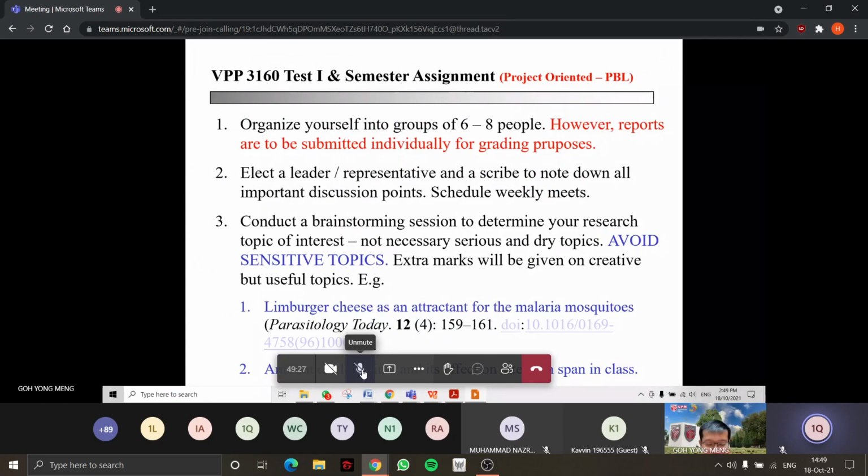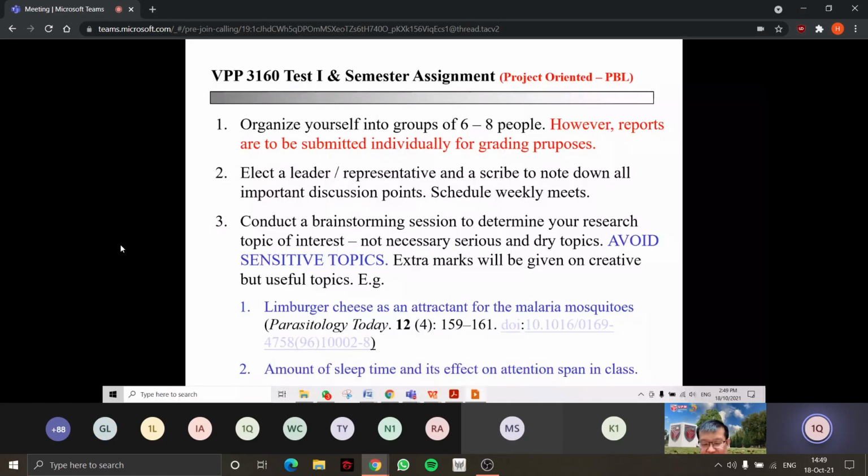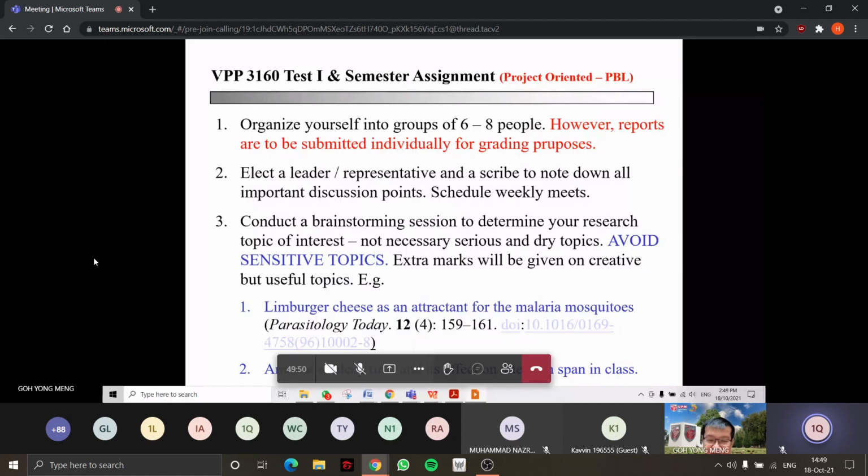Like what I already told you earlier in the synopsis, this is a project-oriented PBL. So you are given one semester to complete that particular project. And due to the ongoing pandemic, I will also include it as part of test one.